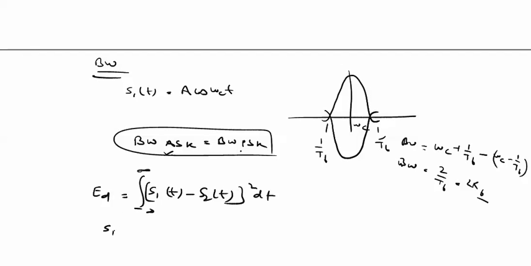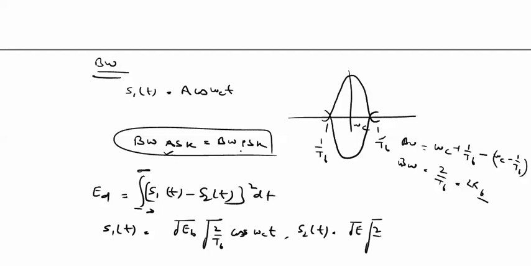S1(t) can be written in this way: root Eb, root 2 upon Tb cos omega c t. S2(t) equals root Eb, root 2 upon Tb cos with negative sign, omega c t.